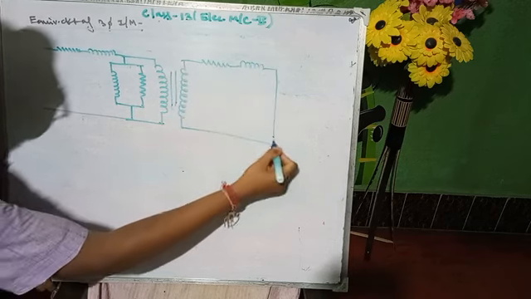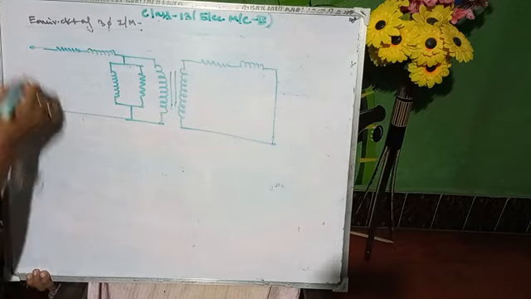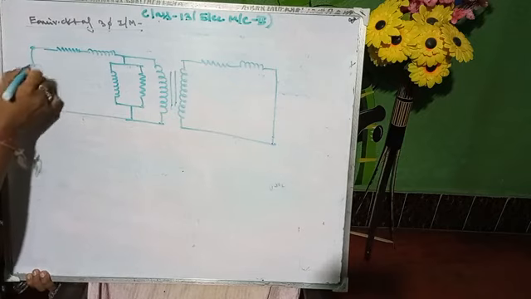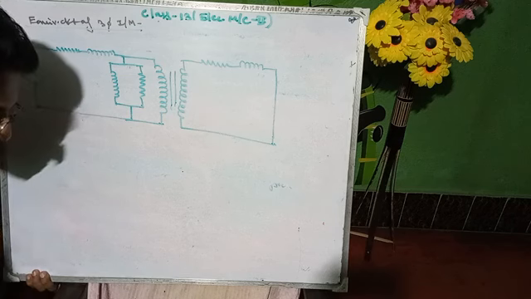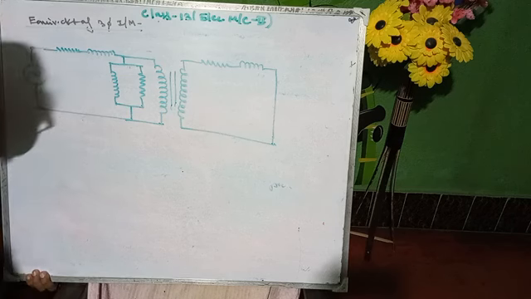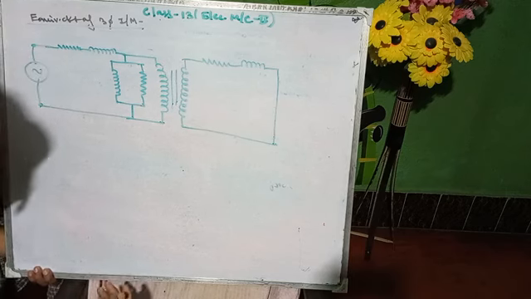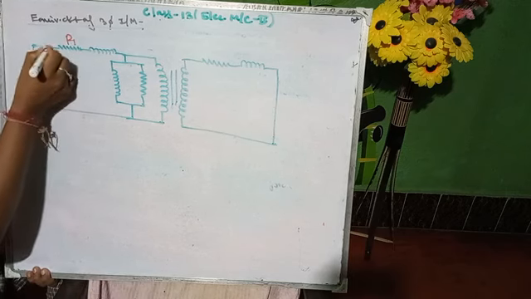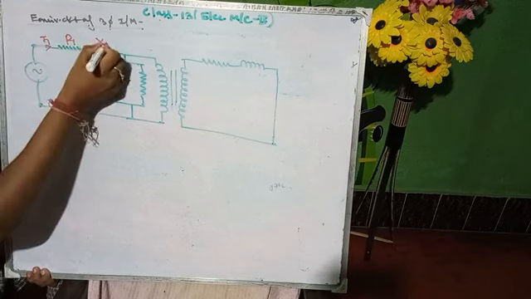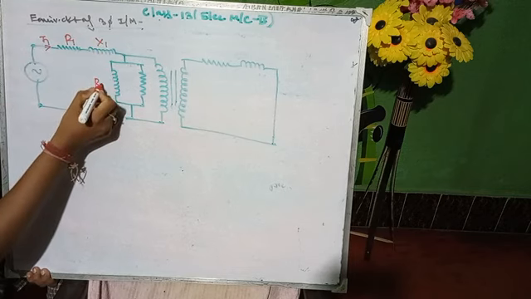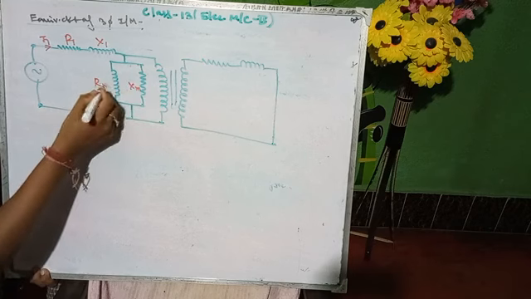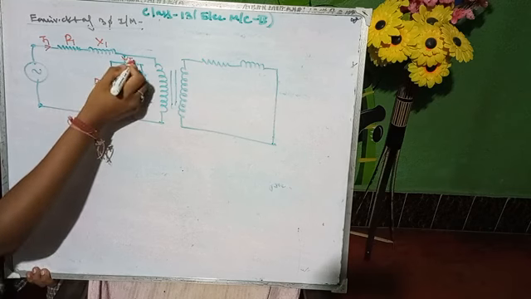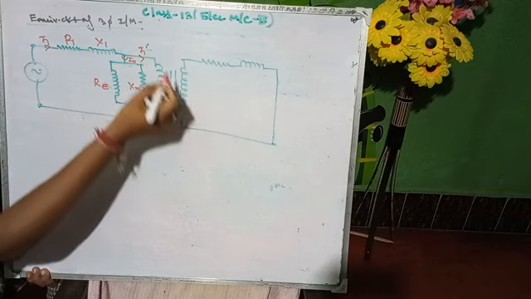The secondary is short circuited, and this is a per phase equivalent circuit. Remember, it is a per phase equivalent circuit. So this is your R1, I1, X1, and this is your Rm, Xm, or Re you can say, and this is your I naught, and this is your I1 dash.